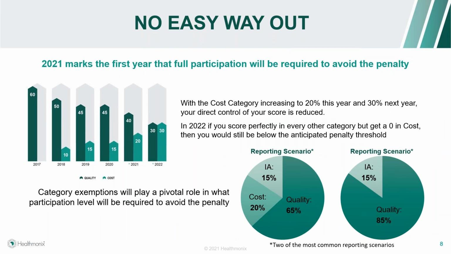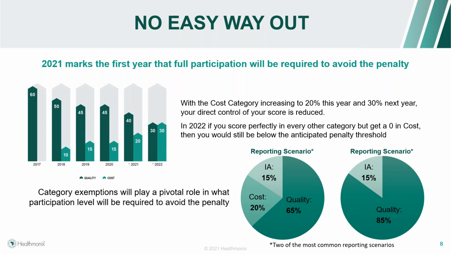2021 introduces the first year that there's no real easy way out. With cost increasing to 20% and 30% next year, your direct control of your score is reduced, because you have the impact of outside influences for the cost category, compared to having a direct influence on IA, PI, and quality.